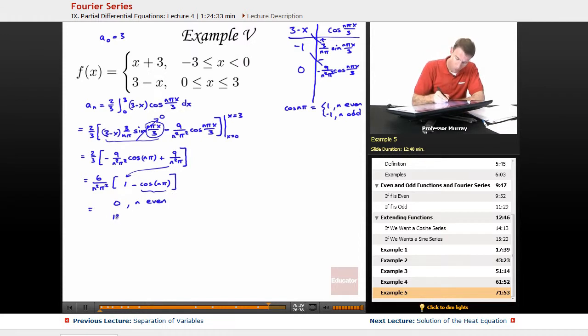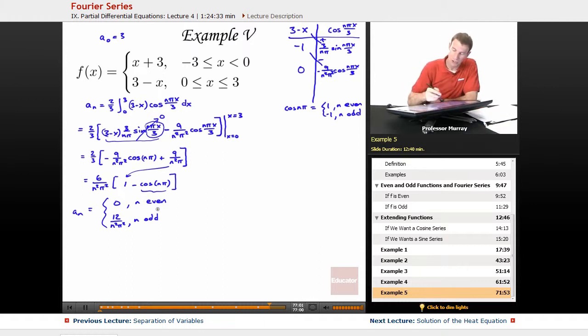So 12 over n squared pi squared if n is odd. So that's my expression for a sub n. It's 0 if n is even, and it's 12 over n squared pi squared if n is odd.